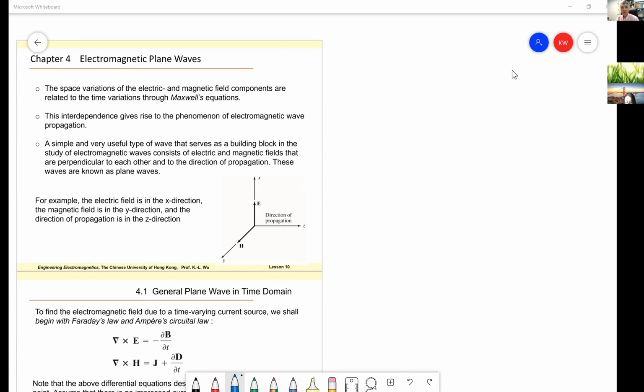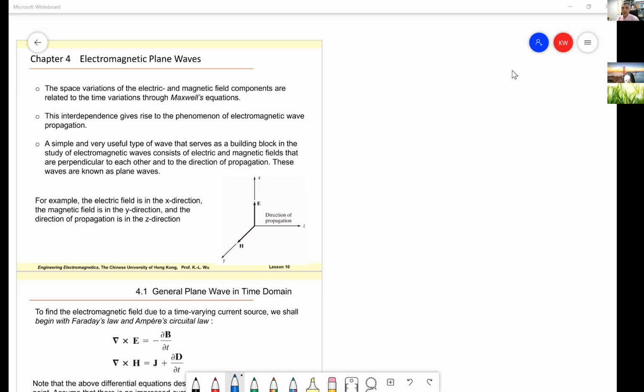For any kind of electromagnetic wave problem, what we really need to do is solve Maxwell equations subject to a given boundary condition.